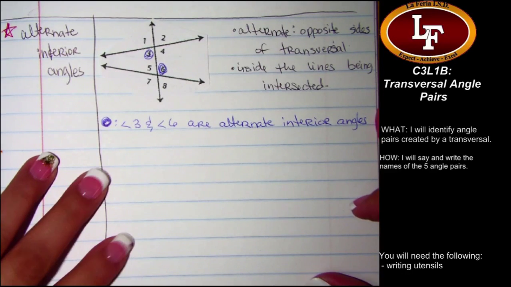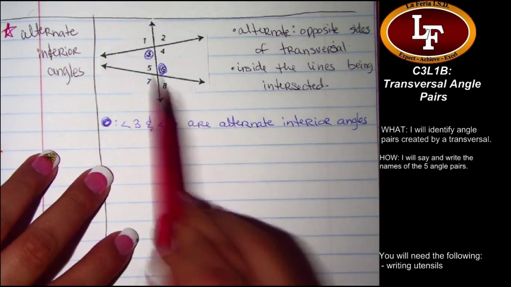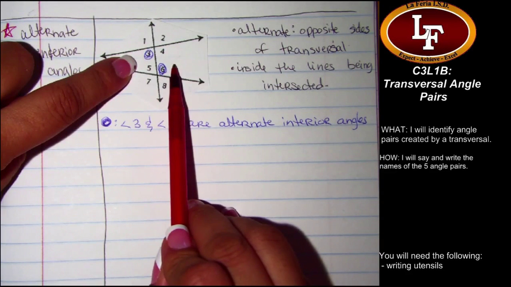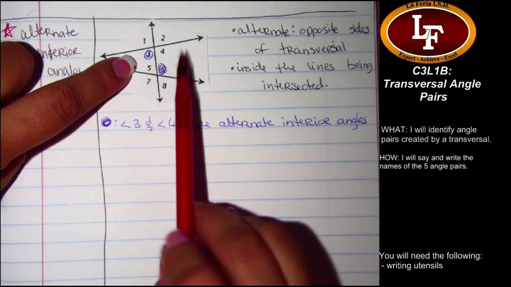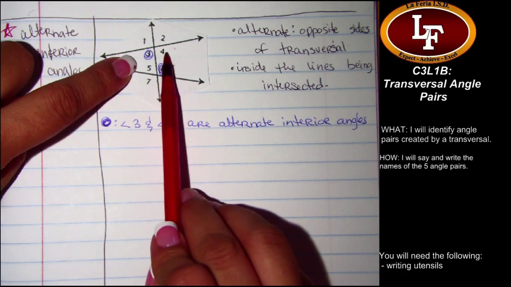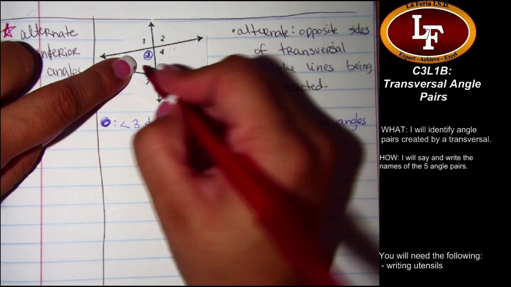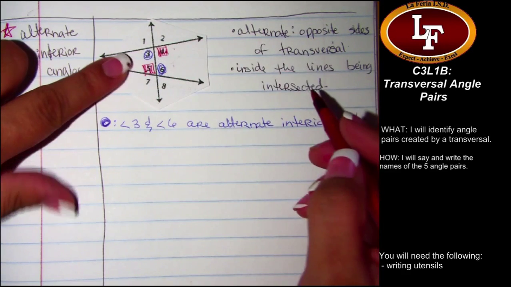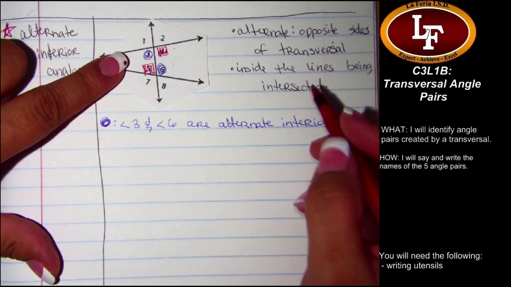Alex is nodding. Take a look at 4 and 5. Are they on opposite sides of the transversal from each other? Yes or no? Yes. Are they on the interior of the lines being intersected? Yes, which means these two are alternate interior angles. Make sense? All right.